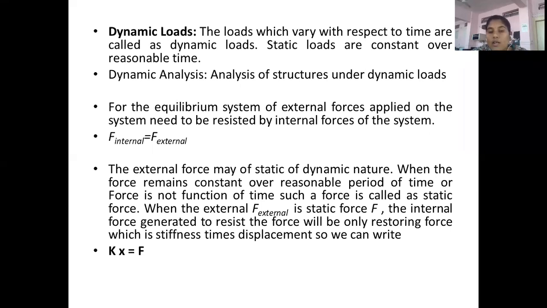Okay, so already we know Newton's law. What is Newton's law? For every action there is an equal and opposite reaction. If any system is in equilibrium, whatever external forces are acting on the body, that body will resist them with internal forces. When these equal and opposite reactions are the same, the system will be in the equilibrium position.